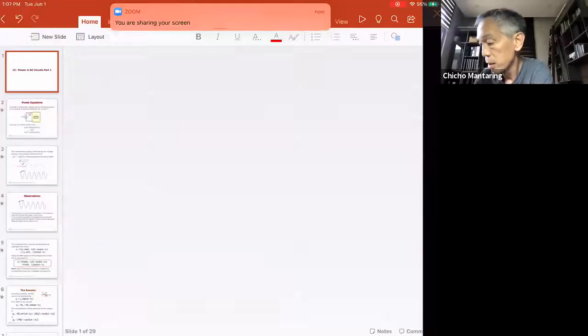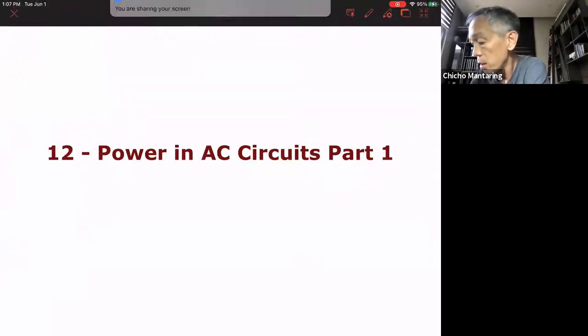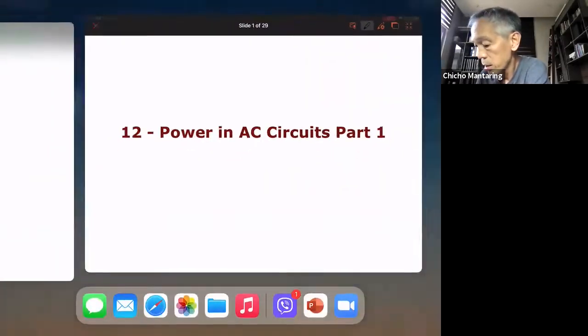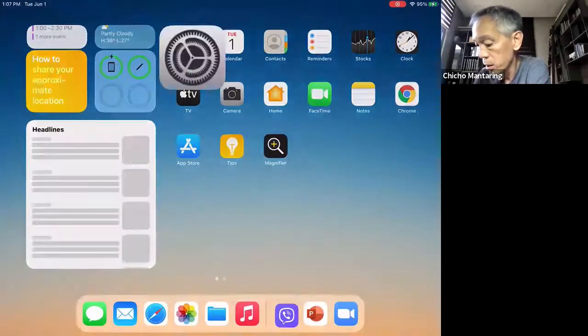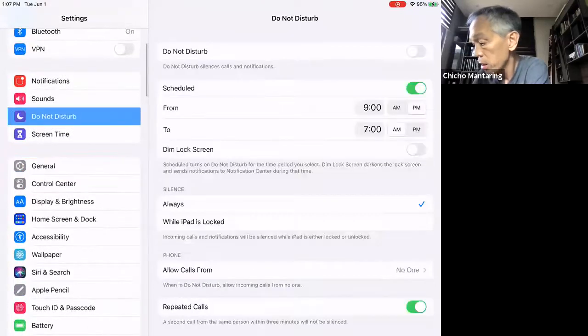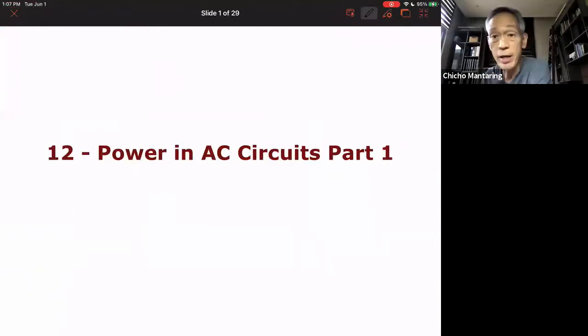Okay, so let's begin. This is what we're going to take up today: power in AC circuits.